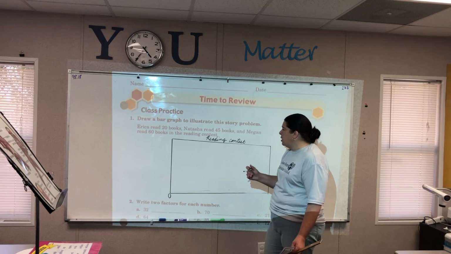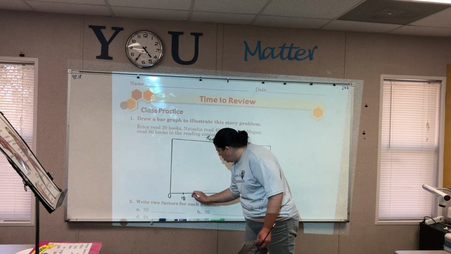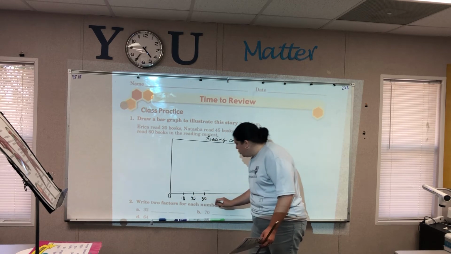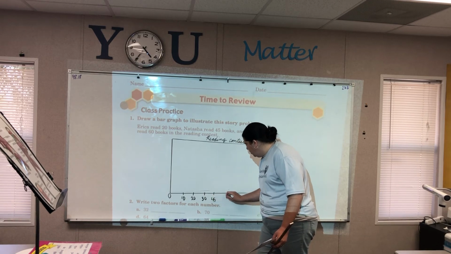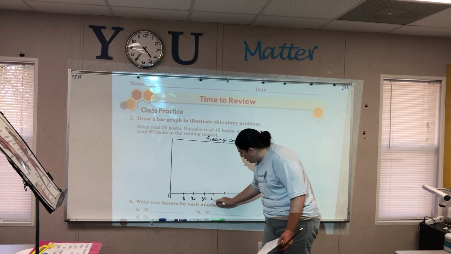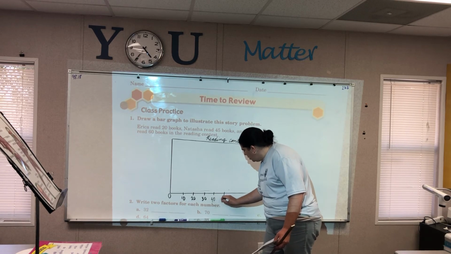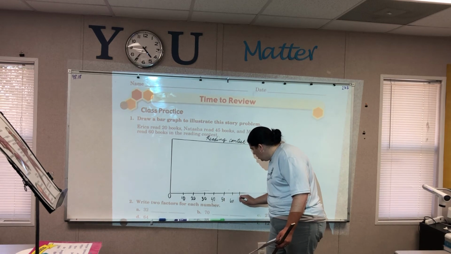I would pick probably 10s. Let's do 10s. We have 10, we have 20, 30. Try to keep them evenly apart. 40. I'm sorry, 40. Where did I get that 45 from? 40, 50, 60, and 70.